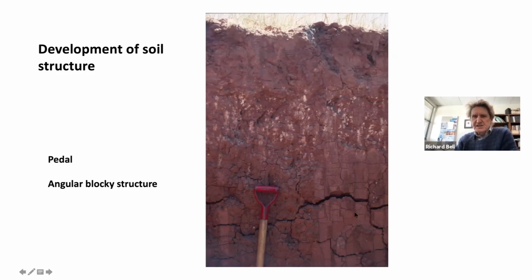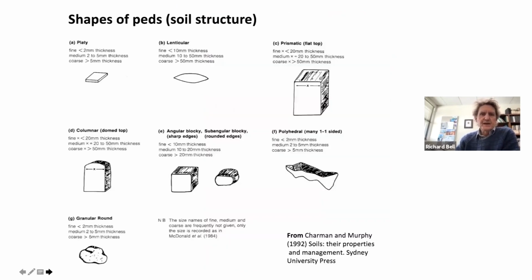And so you can see in this profile at the surface, there are some cracking patterns, and then there's a layer where there's very little cracking. And then below that, you get this blocky sort of cracking pattern, which indicates a different form of soil structure. And pedologists have different shapes that they've defined that are used to describe the type of structure.